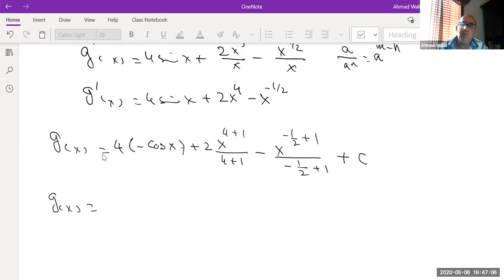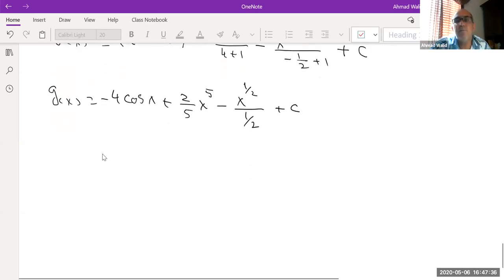Then g of x equals negative 4 cosine x plus 2/5 x to the power of 5 minus x to the power of negative 1/2 plus 1, which gives you what? 1/2, over 1/2, plus C. Let's simplify a little bit more.